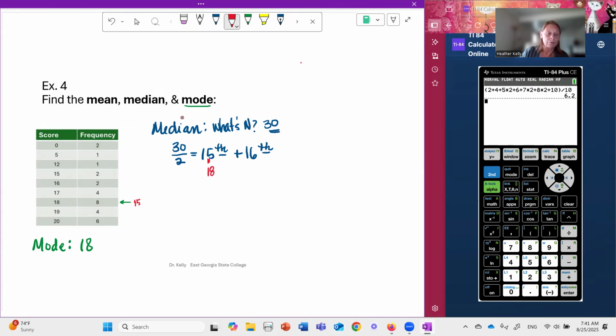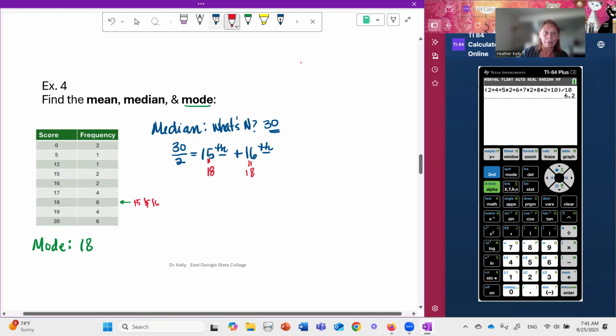And let's count it again. 1, 2, 3, 4, 5, 6, 7, 8, 9, 10, 11, 12, 13, 14, 15. So this is 16. 15 and 16 are equal to 18. So we can say, without doing any math, that the median is equal to 18, because 18 plus 18 divided by 2 is 18.